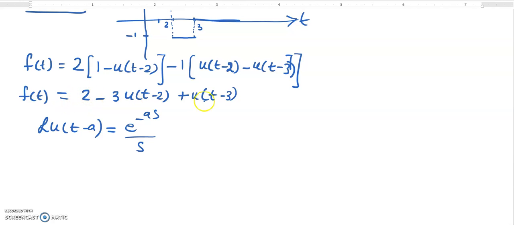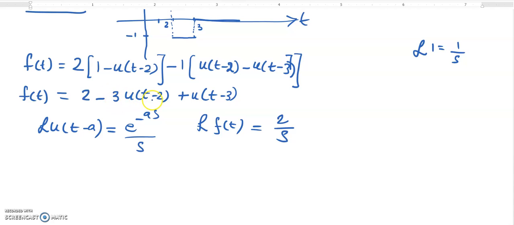So here we can simply apply this formula for finding the Laplace of this. So for 2, Laplace of 1 is 1 over s, so Laplace of 2 will be 2 over s.